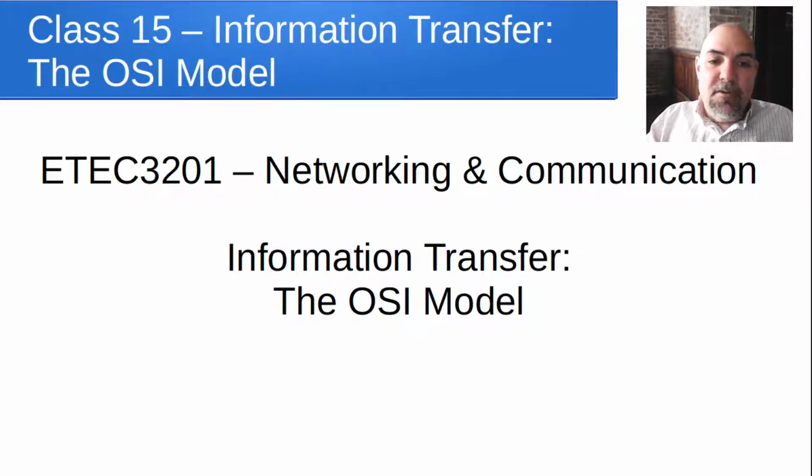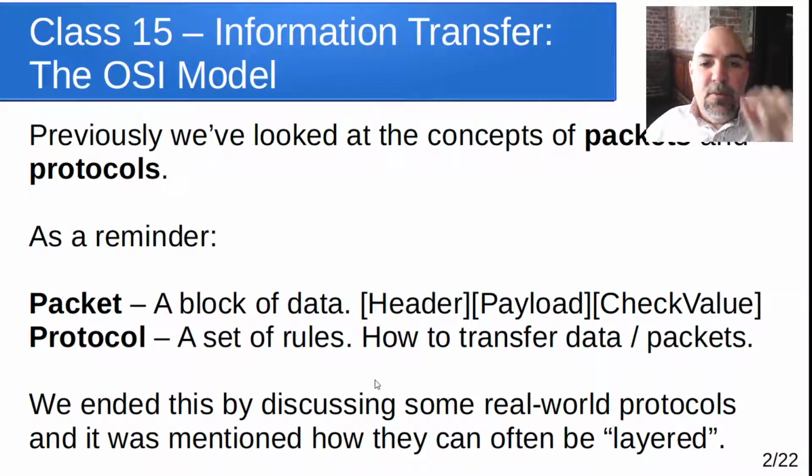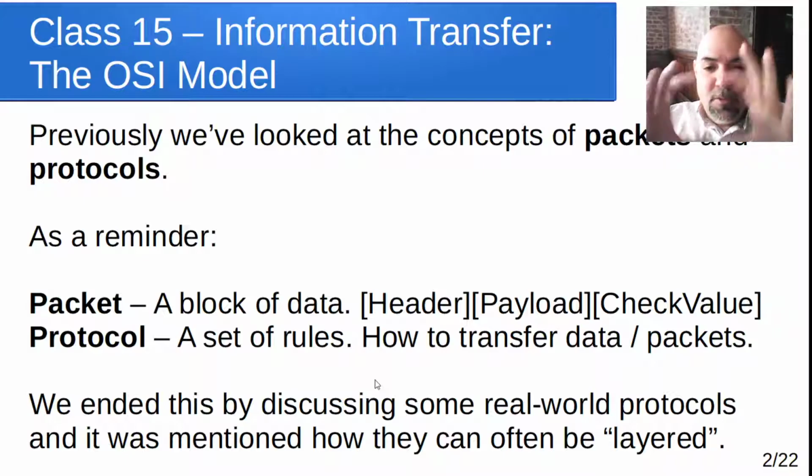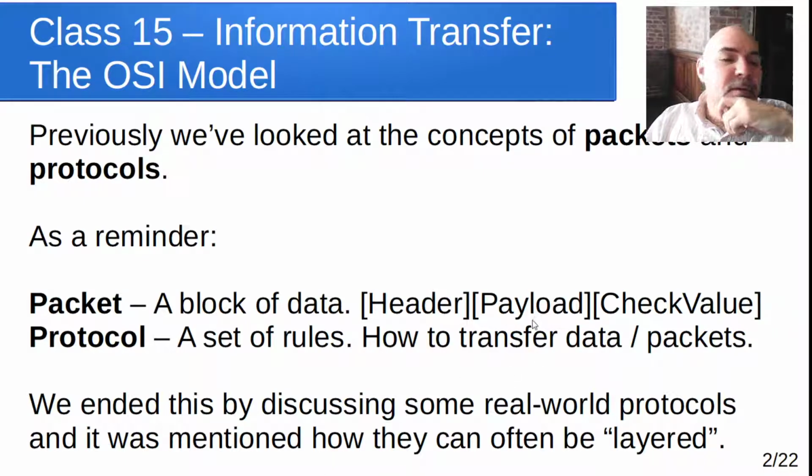Okay, so information transfer and the OSI model. Last time, you'll remember, we looked at the concepts of packets and protocols. As a reminder, a packet is a block of data. In that block of data, you had a data portion, which we called the payload. But there was also a header placed on the front that maybe described a sequence number, maybe had addressing information, maybe had other things about that payload, including the length.